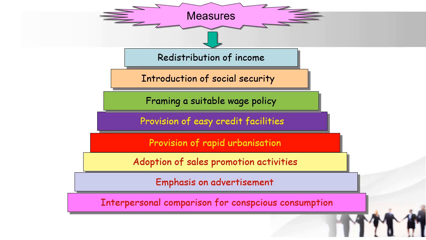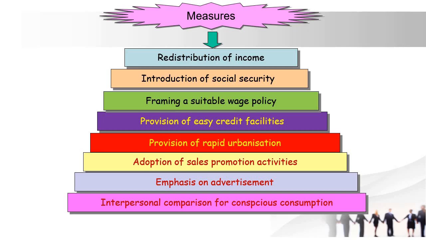The sixth measure is adoption of sales promotion activities. Due to the marketing economy and market structure, the companies or industries promote their sales activities, and this attracts the people to spend their income on consumption. Then the seventh one is emphasis on advertisement.